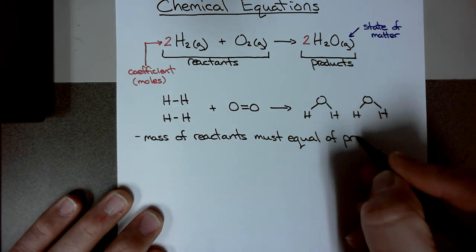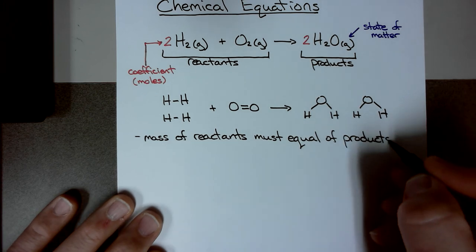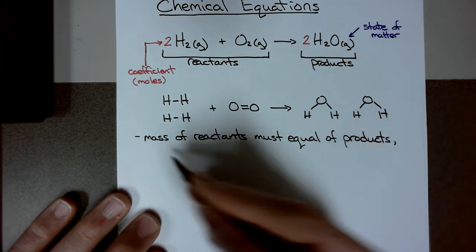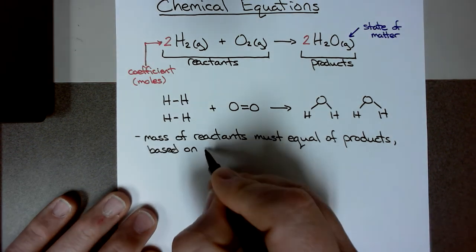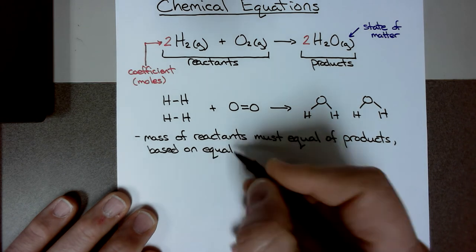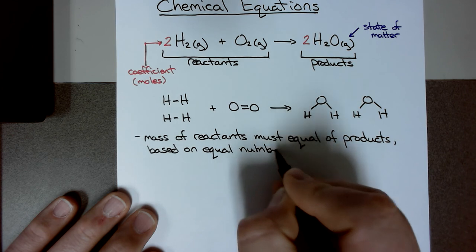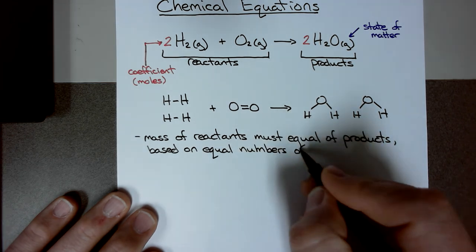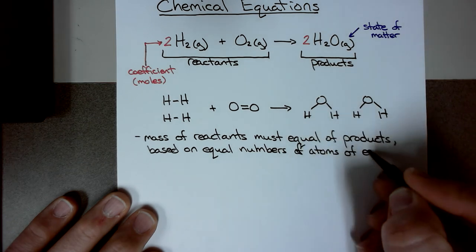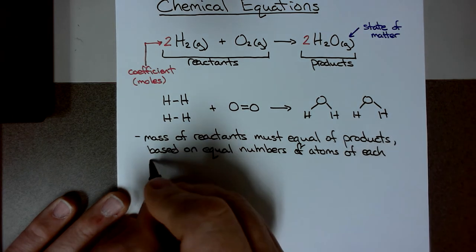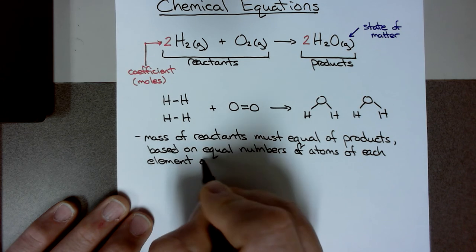And we balance that, or make sure that the mass of each side is equal, based on the number of atoms being equal on both sides of the arrow, or based on equal numbers of atoms of each element on both sides of the reaction.